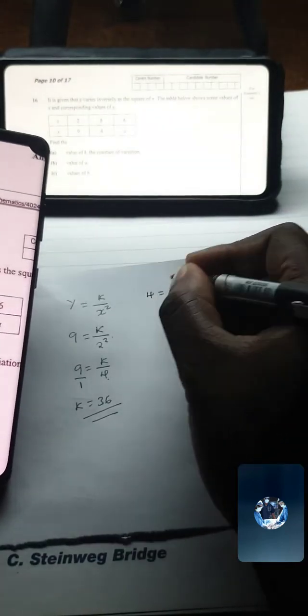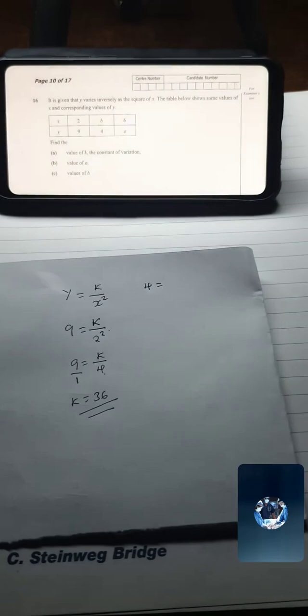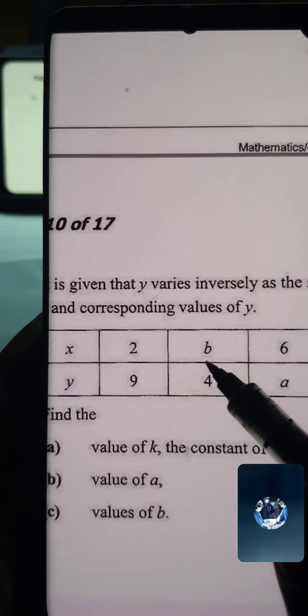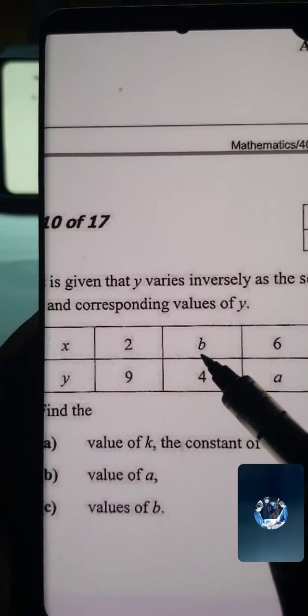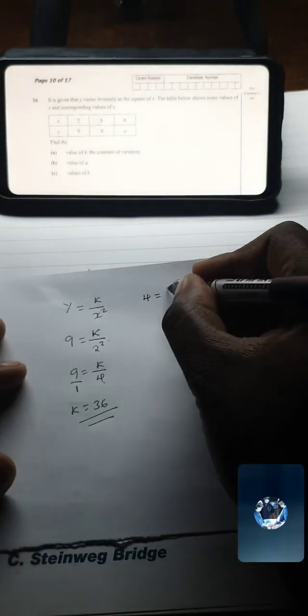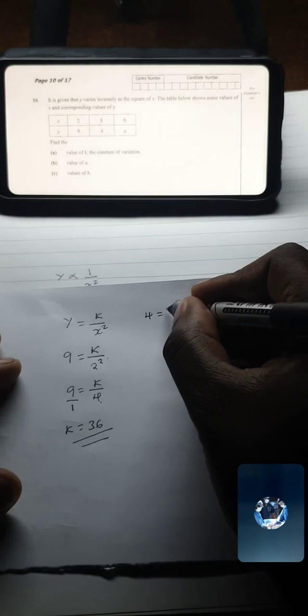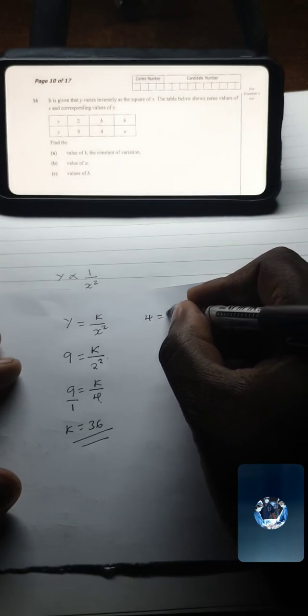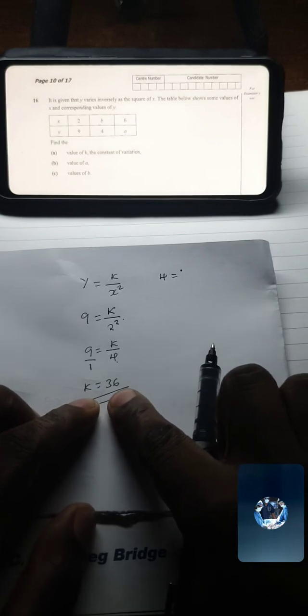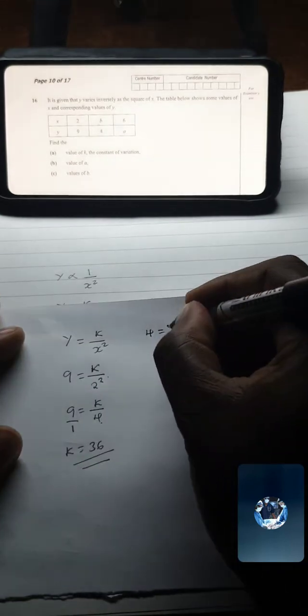Then where there is the x, what are we putting? We're putting b. And where there is k, what are we putting? We're putting 36.